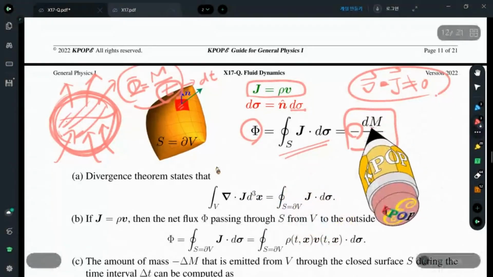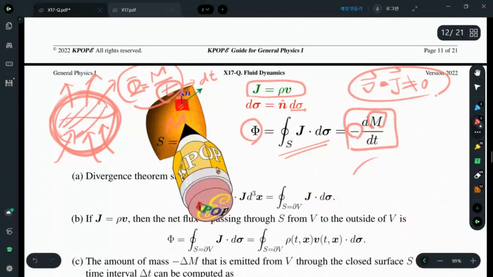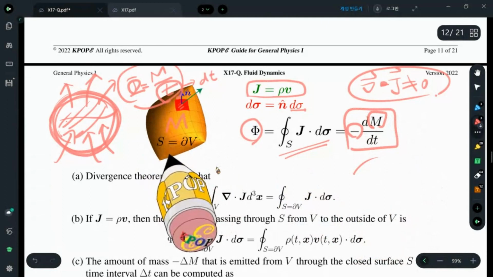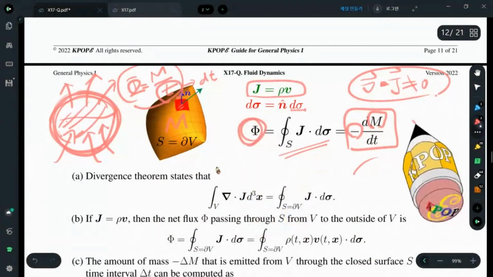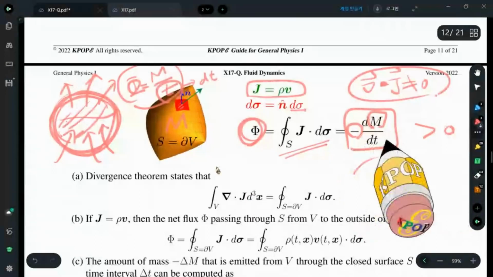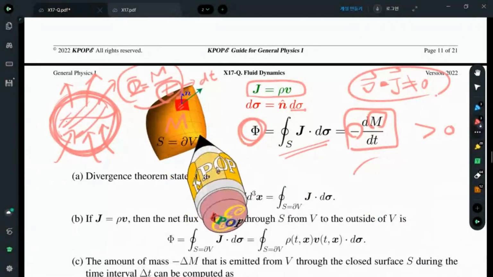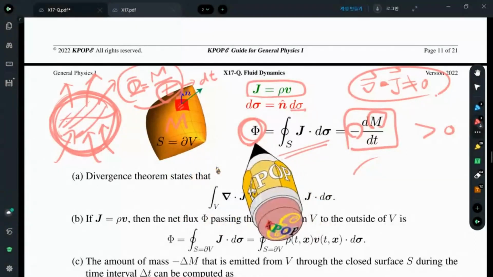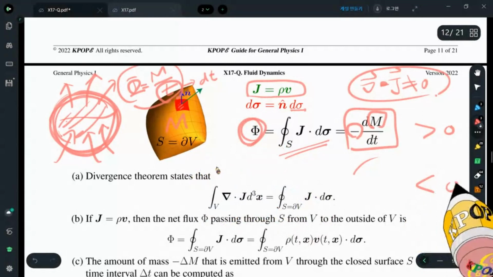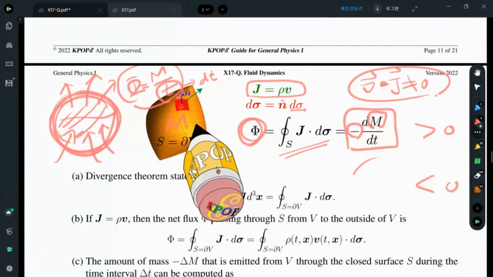Note that this mass m is contained inside this volume. If the mass flux is positive, then the mass inside this volume decreases as time goes on. If the flux is negative, then the mass inside this volume increases.